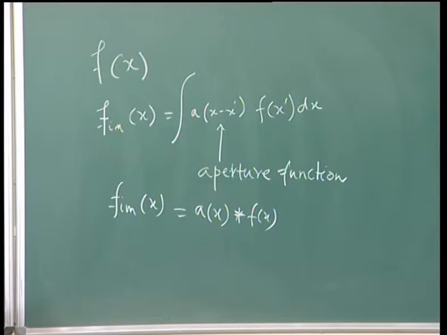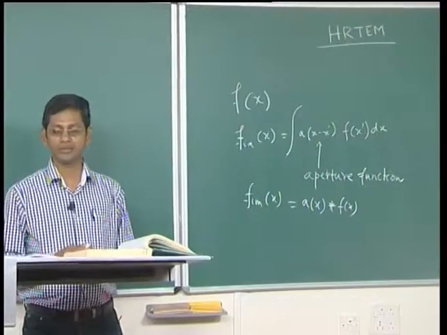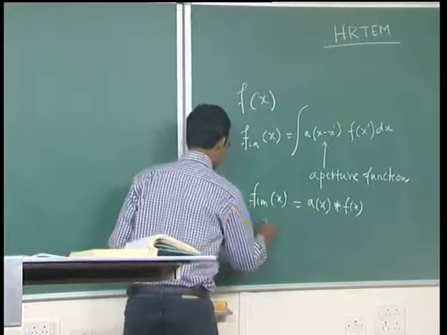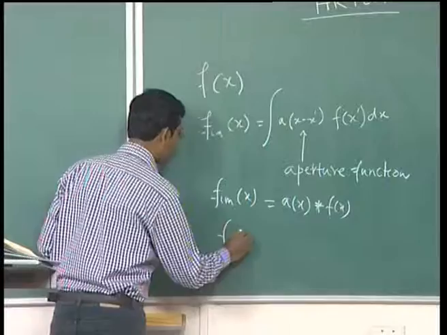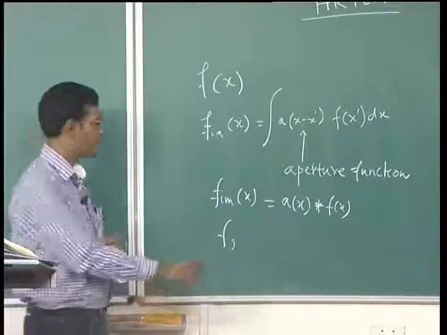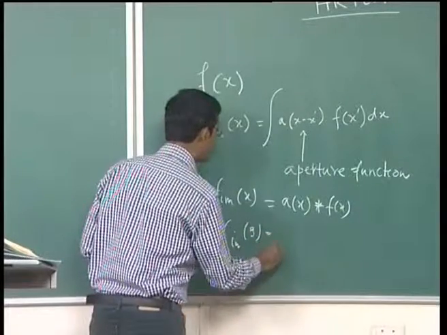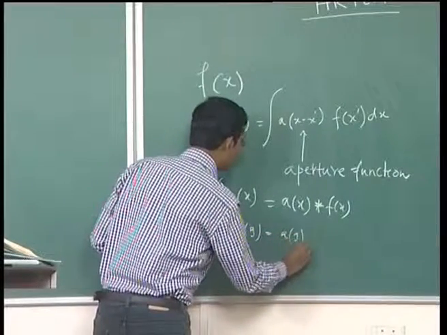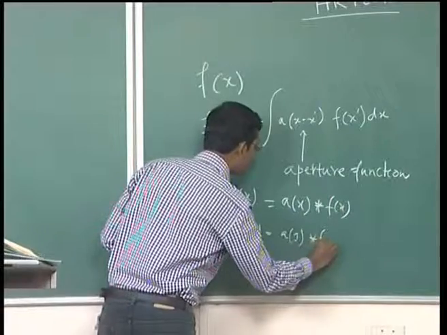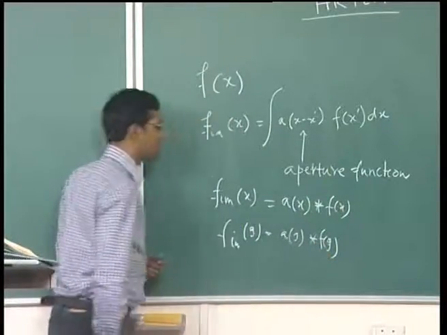And obviously, whenever we form any image, to get the diffraction information one needs to do the Fourier transformation. So, in Fourier space, this expression can be written like this: F_im(g), where g is the spatial frequency, equals the convolution of A(g) and F(g).